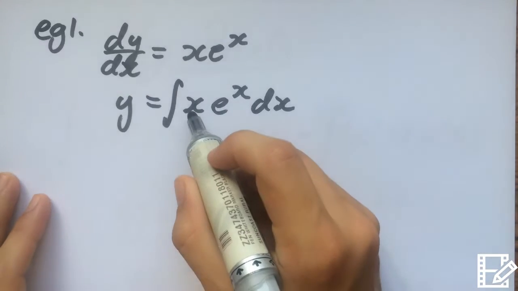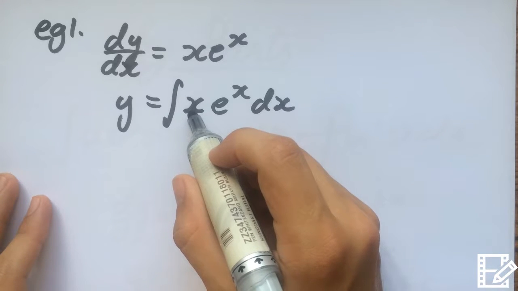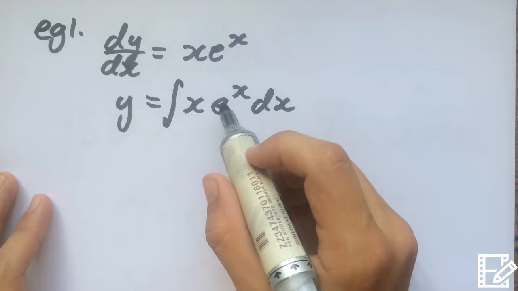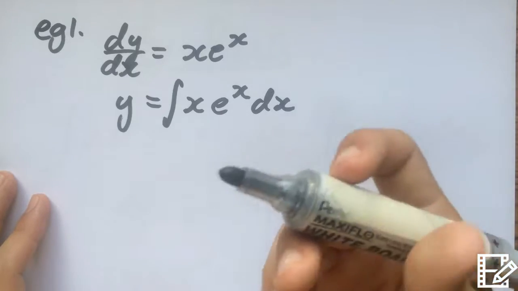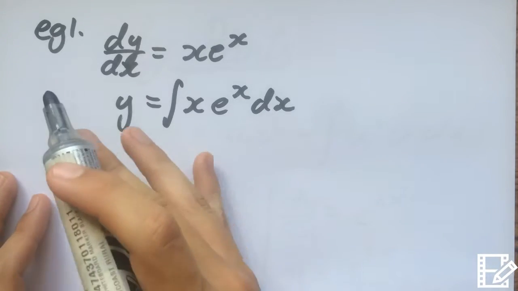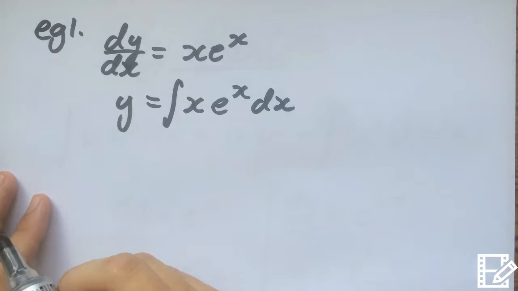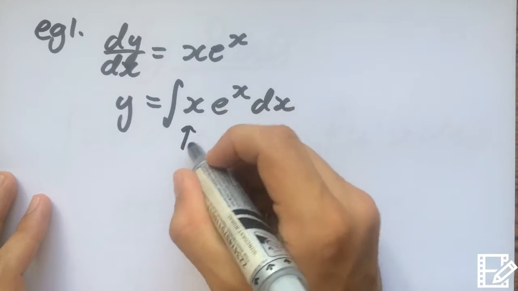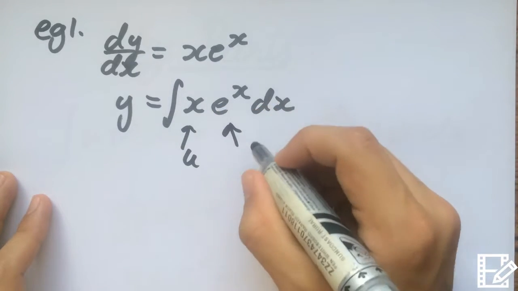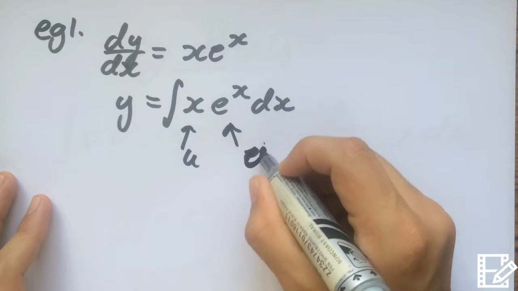So let's think about that. When you derive this one, you get 1. When you derive that, you get e to the x. The more simplified one is x. So in that case, we pick x to be u, and we pick e to the x to be v dash.